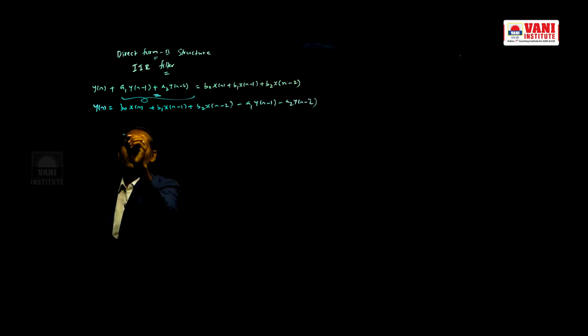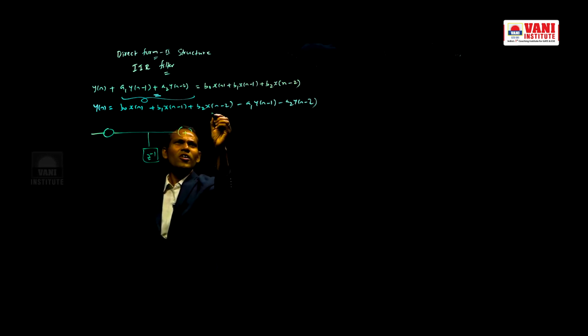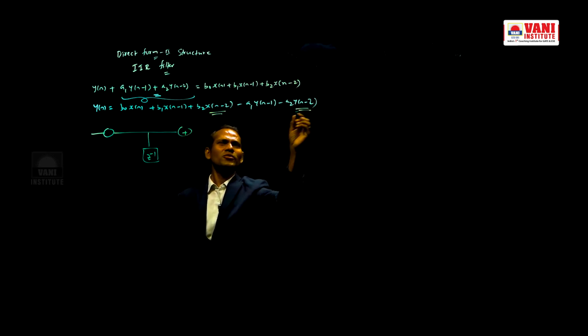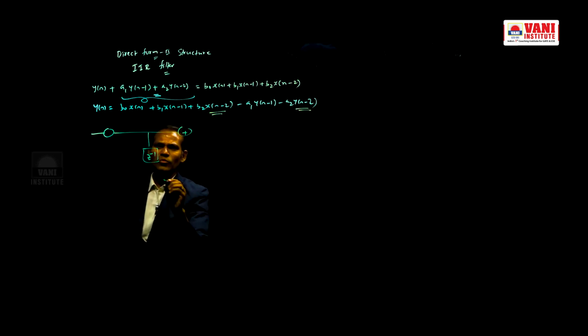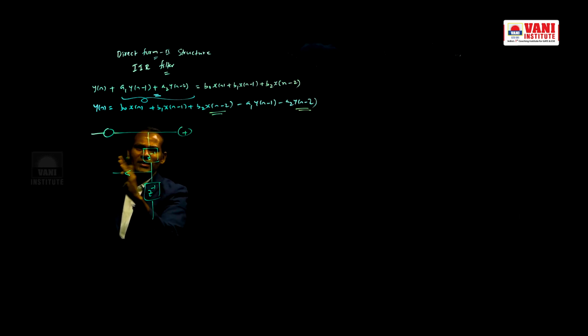Now if you draw the direct form 2 structure, it will be in this manner. In the middle write delay elements. If you observe x of n minus 2, y of n minus 2, that means at most 2 delay elements are needed. This side is always y, this side is x.